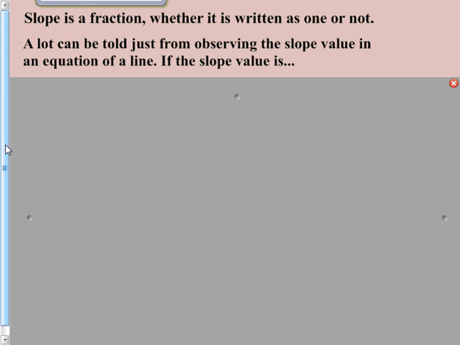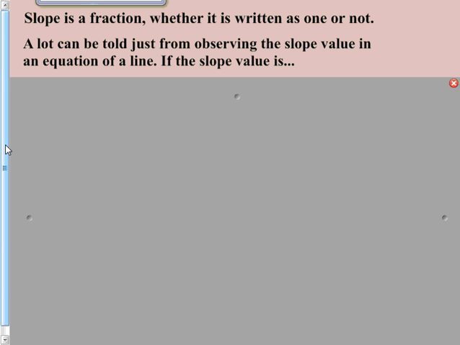Now, the basics of the slope value. Slope is a fraction, whether it is written as one or not. As you should be getting familiar with the old complaint where students said, "I don't like fractions." Well, we should pretty much be at the point where we now understand everything is a fraction.